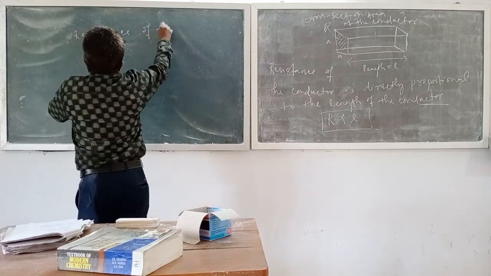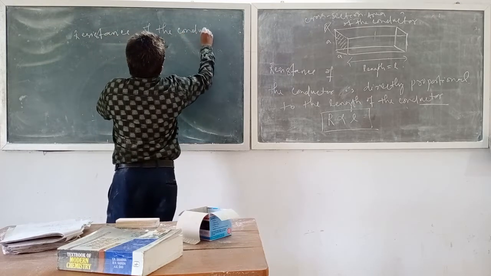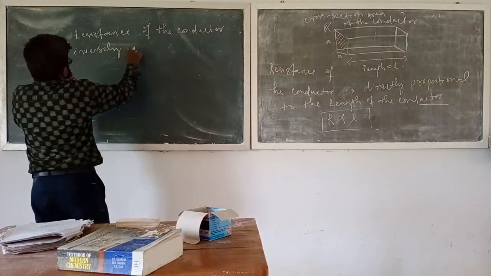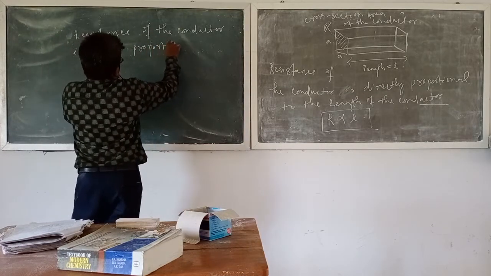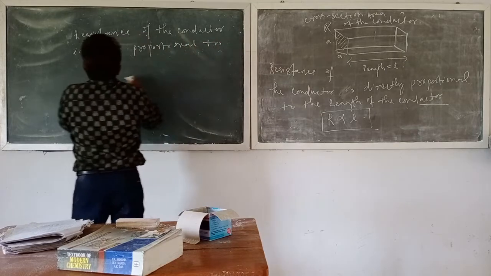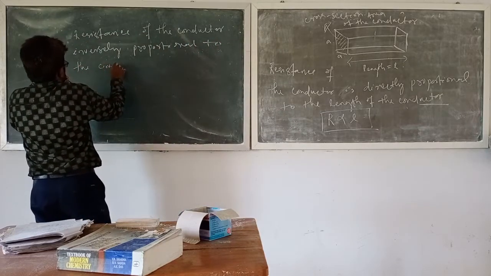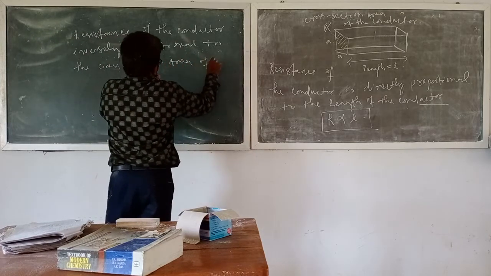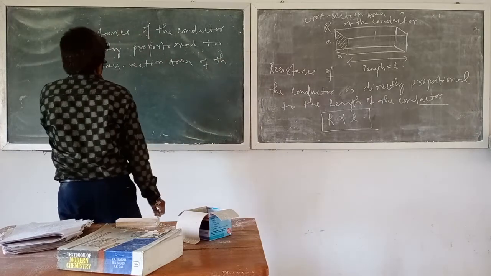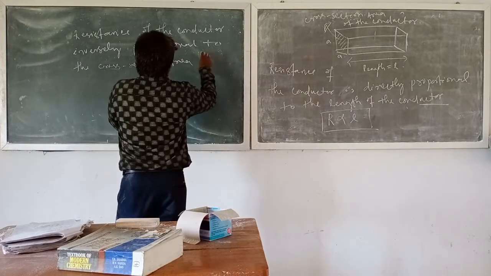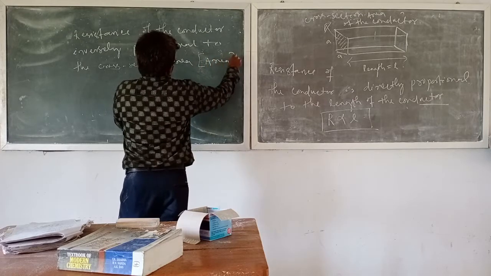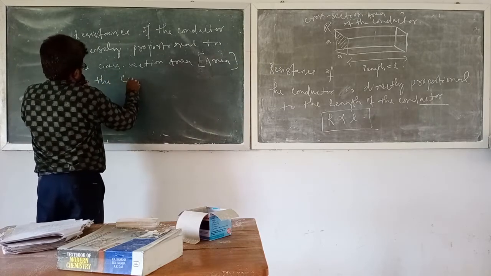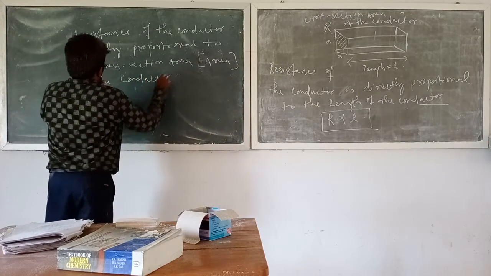Similarly, the resistance of the conductor is inversely proportional to the cross section area of the conductor.